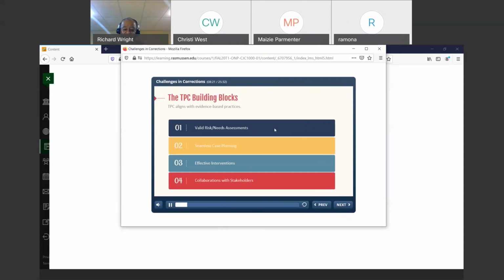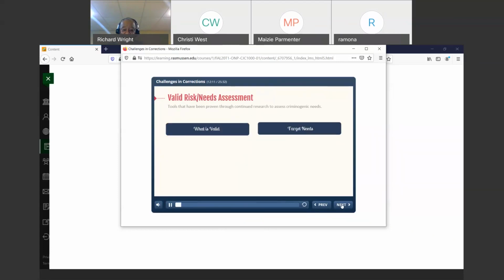And then the TPC building blocks. I'm not going to go over these, but you're going to take time and spend some time going over this, because this is part of the research actually for your paper. And then you're going to go over what is valid and what works and target needs and so forth. Case planning, as I was saying earlier, preparing a plan to meet the needs of that individual.